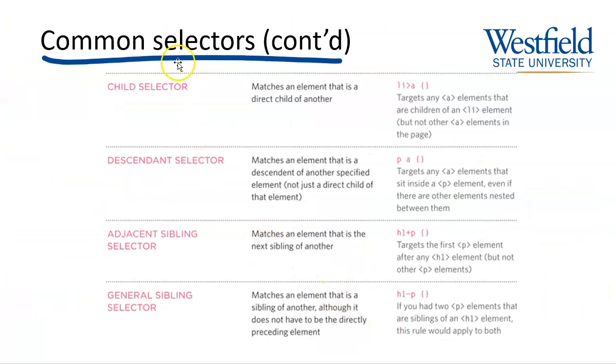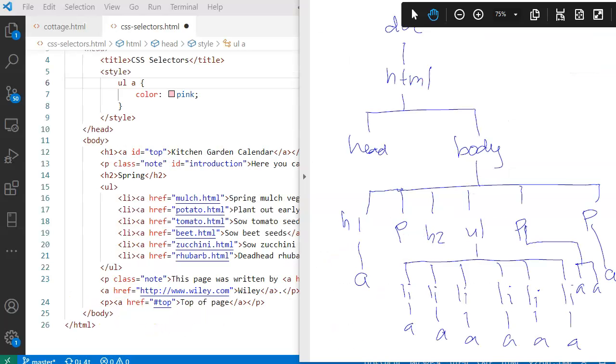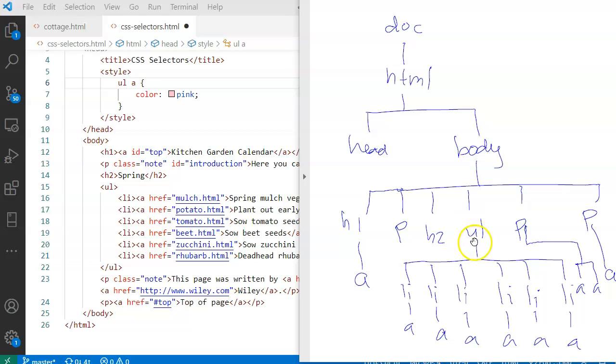Okay, so we've played with the first three. So how about the general sibling selector? For this, let's target these 2 paragraphs, which are following this unordered list. We want any paragraph that is a sibling following this unordered list, although not necessarily immediately.